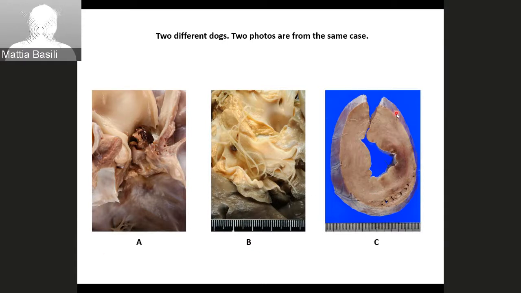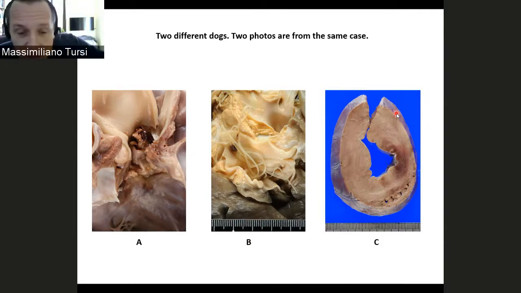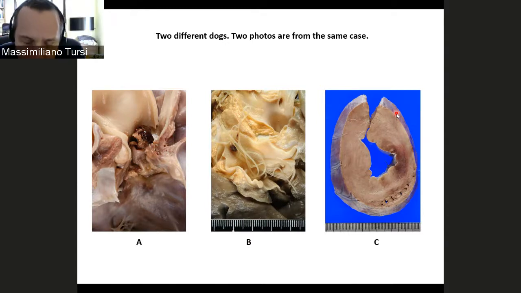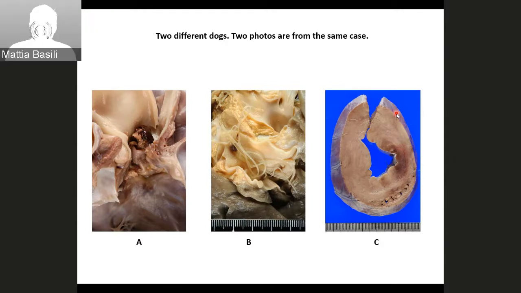Sorry, Mattia, but what do you see in C that can represent a link with A? Yes, I will describe that. I think we've got a cross-sectional cut of what looks like a ventricular section, towards the apex, the papillary muscles apex.